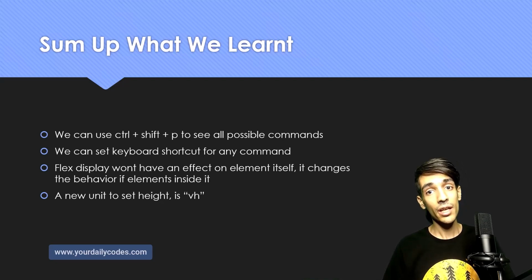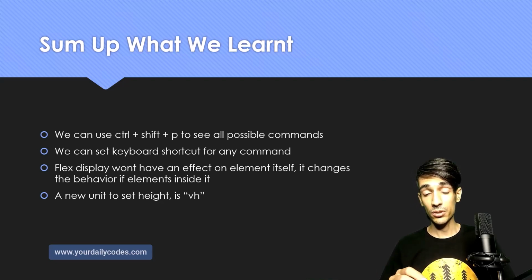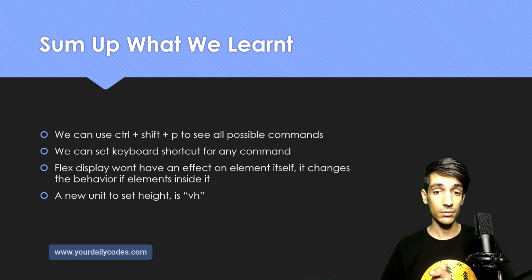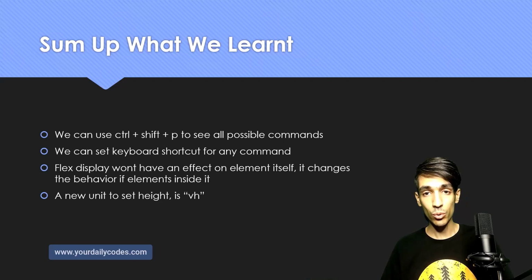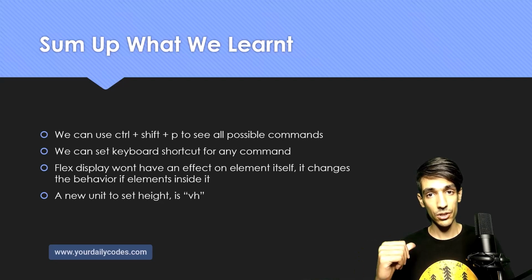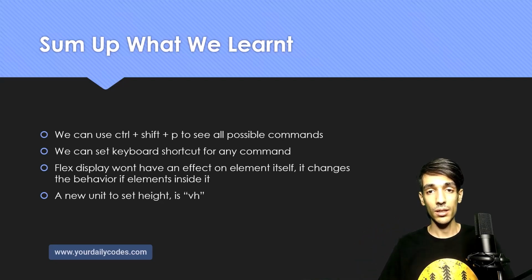But don't forget, if a key binding was already associated with another command, you first need to change it for the other command. For example, we saw that Control-Shift-D was already used for something else. So first we set something else for that command, and then we came back to our duplicate line command and attached Control-Shift-D to it.